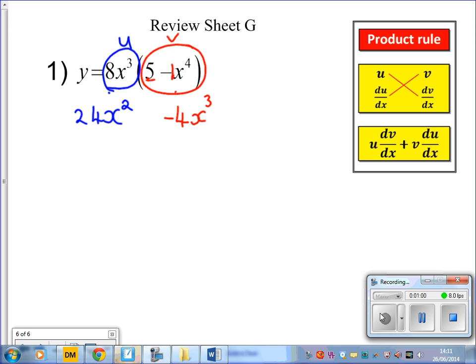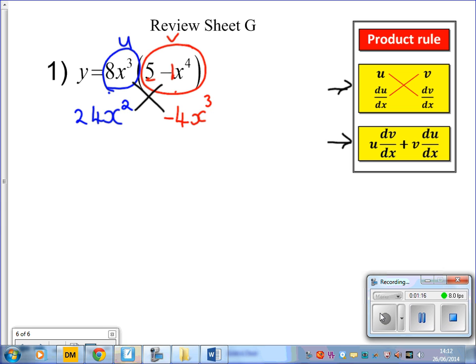Following what we're given in the poster, just here then, we're going to multiply across like that and put into this formula just here.